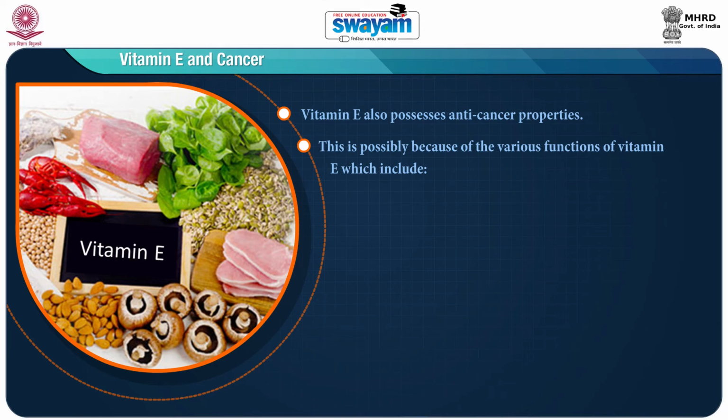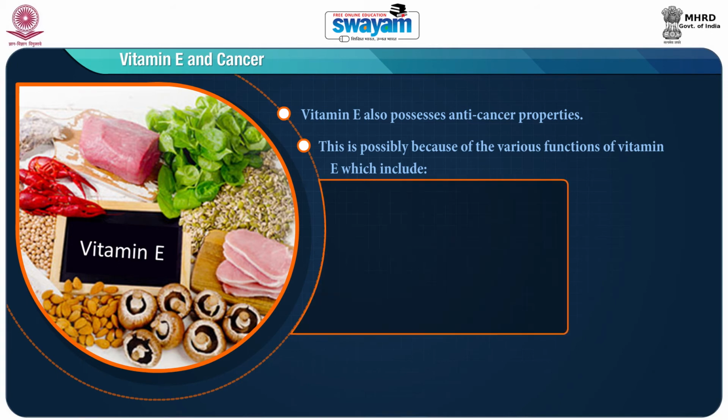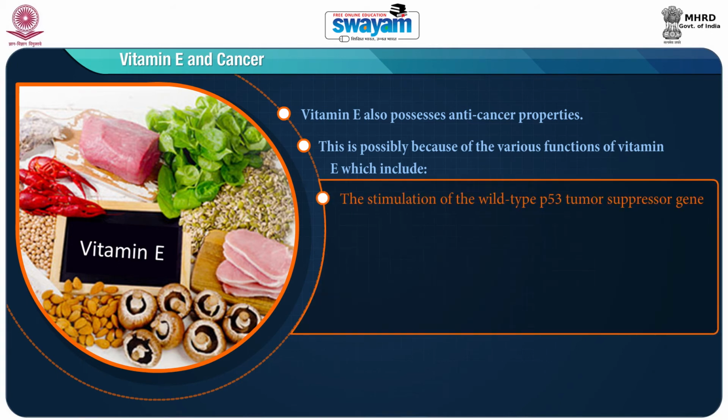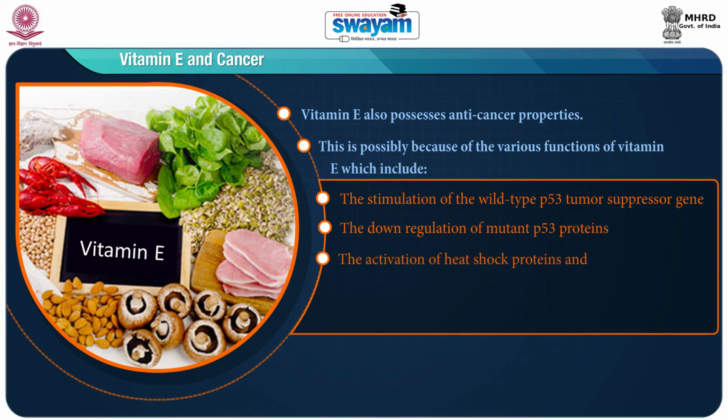This is possibly because of the various functions of vitamin E, which include the stimulation of the wild type p53 tumor suppressor gene, the downregulation of mutant p53 proteins, the activation of heat shock proteins, and antigenic effect mediated by the blockage of transforming growth factor alpha.